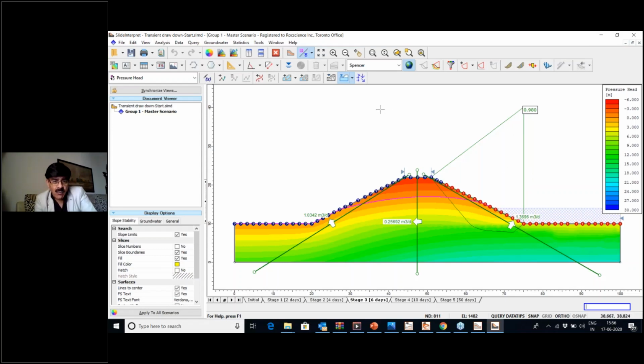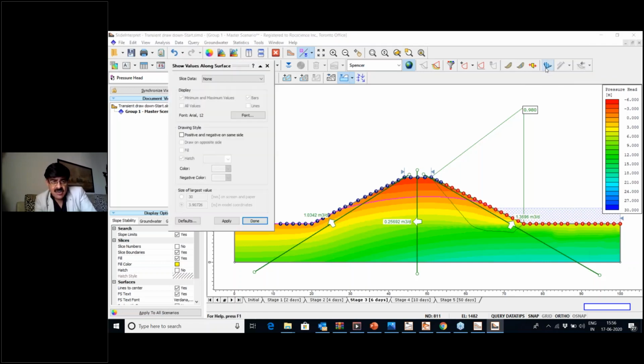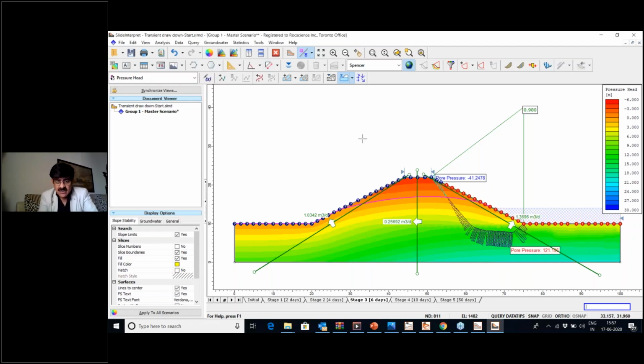If you look at the flow vector, if I click here, you see how the water is actually going downstream and upstream from the body of the embankment. You can see this through these flow vectors. And if we see the pore water pressure distribution on the slip surface, there is imbalanced pore pressure on the downstream and upstream side, and high pressure building up, because of which the shear strength is reducing and the factor of safety is going down.